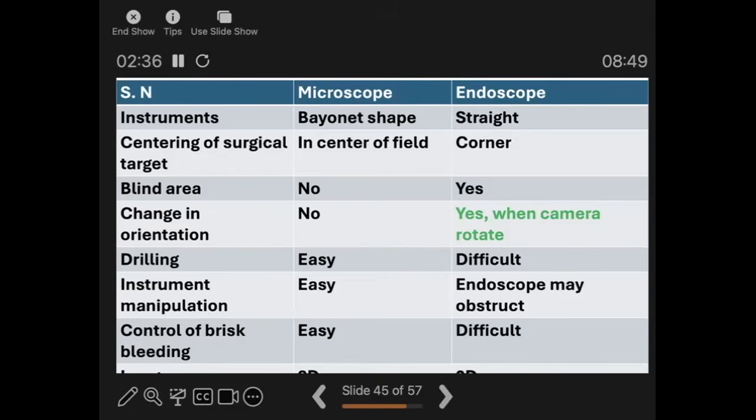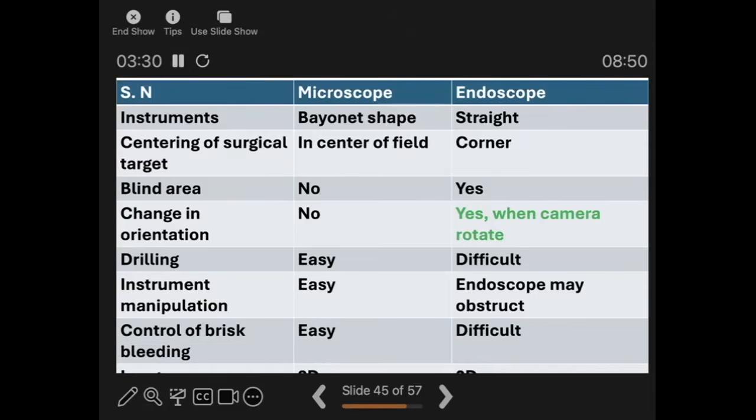The entire operative field is available for instrument use, and 3D visualization enhances depth perception, precision, and safety. Endoscopic surgery, however, demands distinct visuospatial and technical skill. Non-bayonet instruments are often preferred for smoother handling in narrow space. The target is best positioned at the corner of the visual field to avoid obstruction from the endoscope itself. Blind areas are more common, especially with suboptimal alignment, and frequent camera rotation can alter orientation.